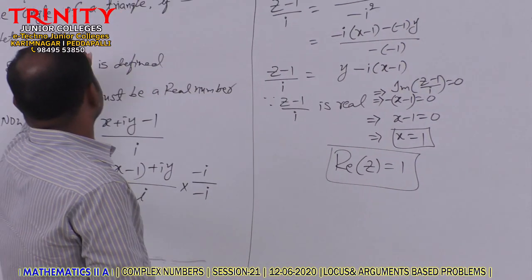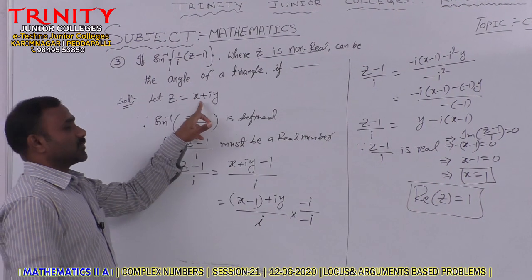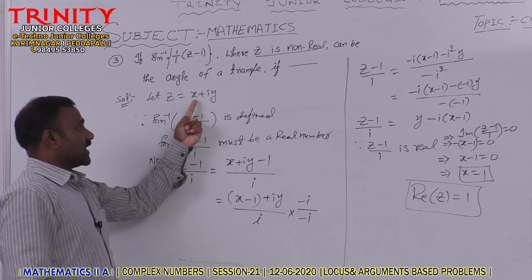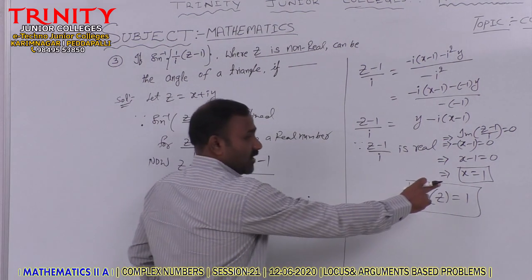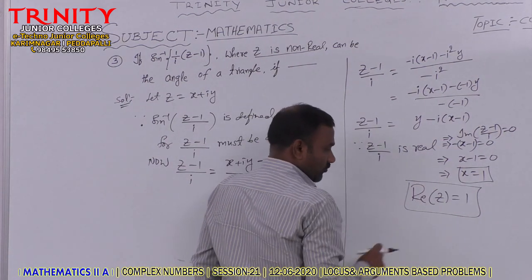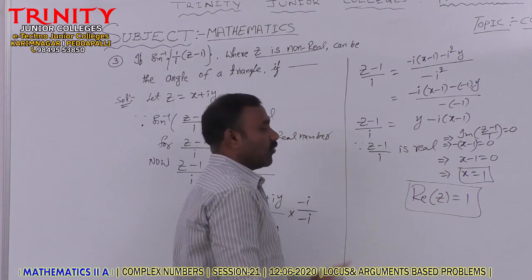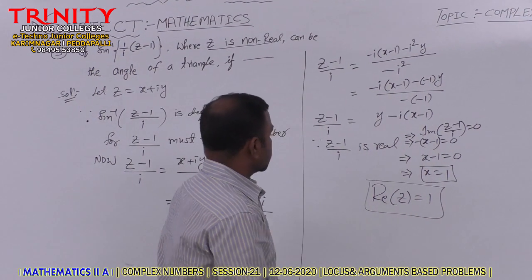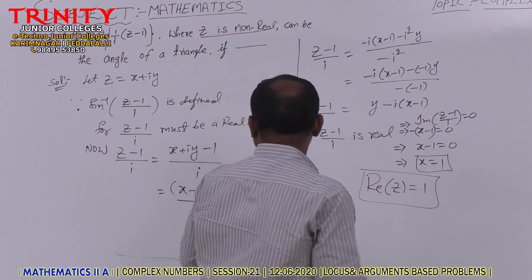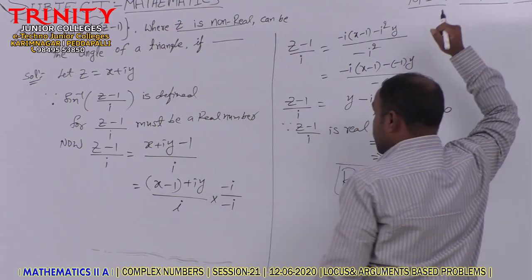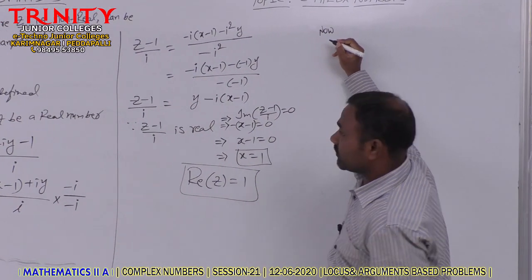Why? Because we are taking z is equal to x plus iy. In this, x is the real part and y is the imaginary part. Therefore, we got the value of x is equal to 1, which means the real part of z is equal to 1. And then next, with this x minus 1 equal to 0, what about sine inverse of z minus 1 by i?